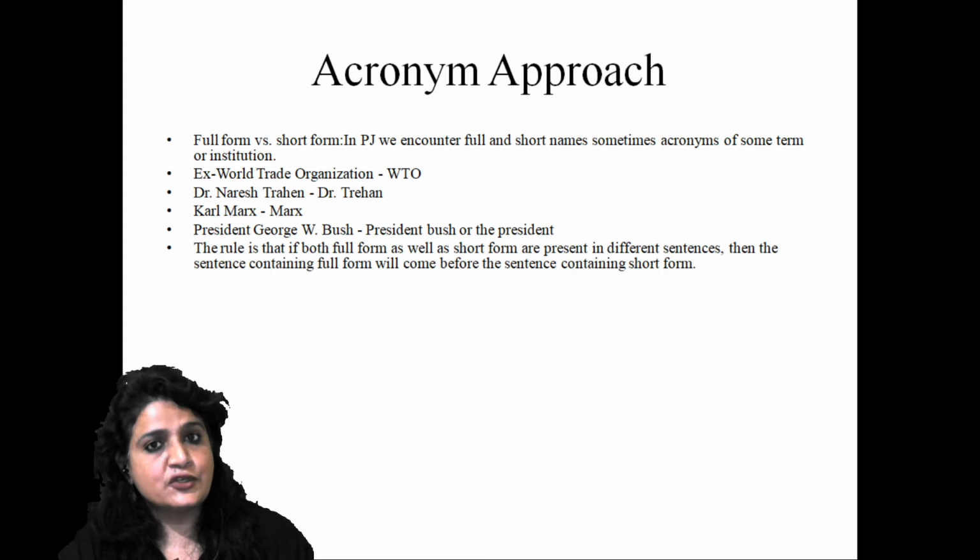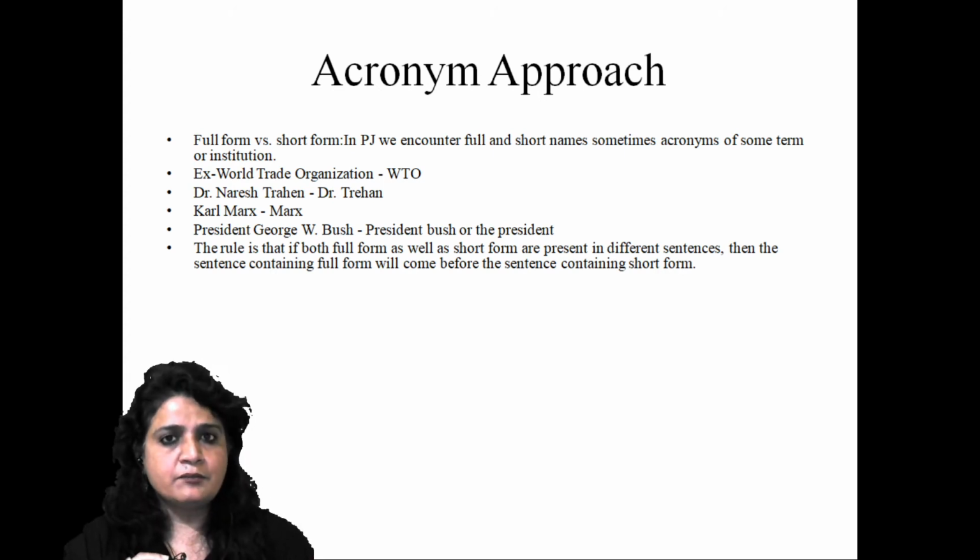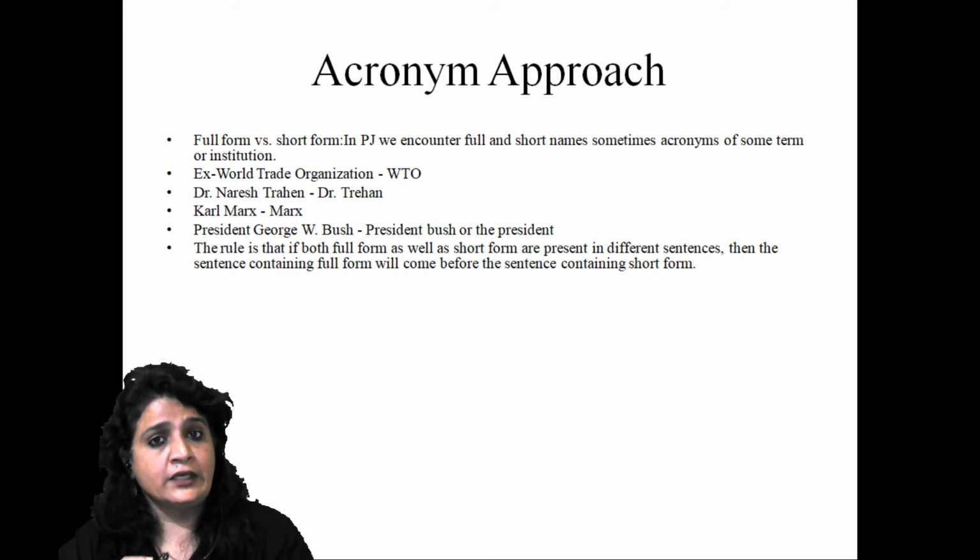Same goes for designation. There are a couple of questions in previous year papers where the designation was used. First the name and the designation, and then you use only the designation of the person. So for George Bush, you can use the president, right? But you make it clear in the very first sentence who Mr. President is, right? So one of the questions uses the CEO of White House.